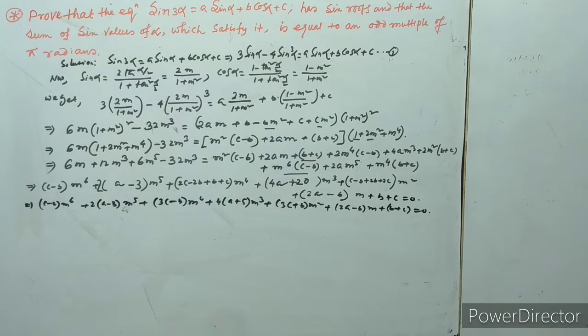c minus b into m to the power 6, 2 into a minus 3 m to the power 5, 3c minus b m to the power 4, 4 into a plus 5 whole to the power m cube, b plus 3c into m square, 2a minus b into m, 2a minus 6 into m.